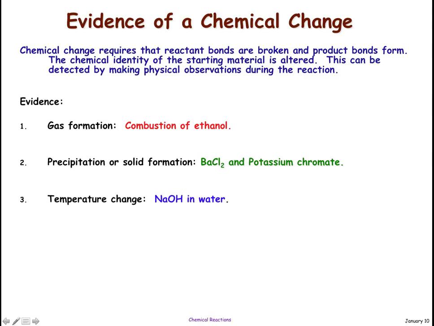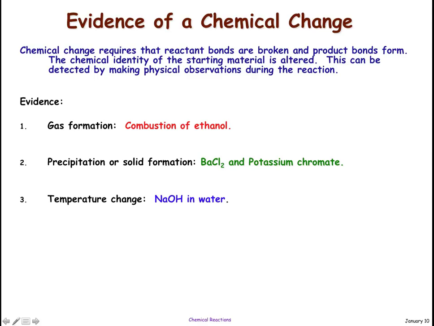Another sign that a chemical reaction occurred, which is very difficult to detect unless you have a thermometer or some sort of temperature gauge, is a temperature change. When you mix 2 chemicals, for example sodium hydroxide in water, the reaction gets very, very hot. But you can't detect that by sight.